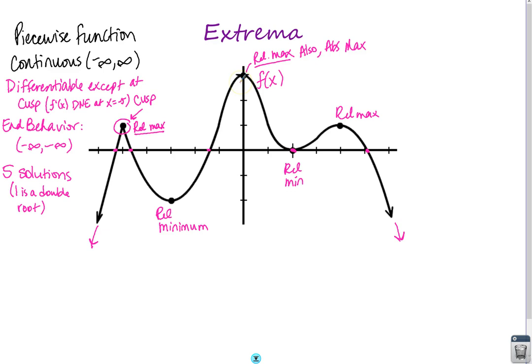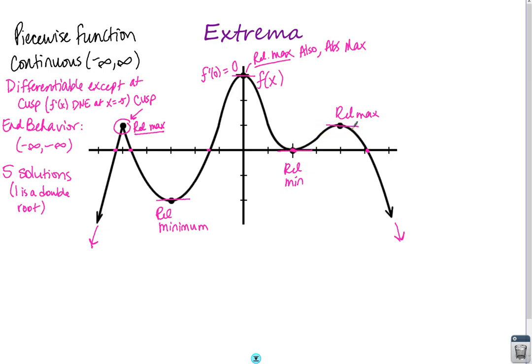Your derivative value would be f prime of 0 is equal to 0 because you could make a horizontal tangent line here. Are there other places where we could make horizontal tangent lines? There are, I see at least 3 other places. You've got one here, here, and here.